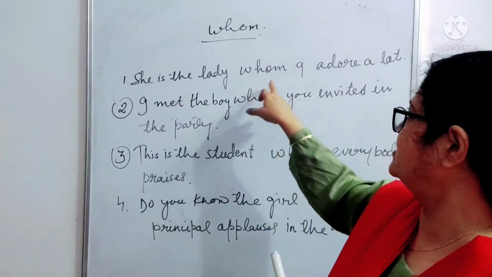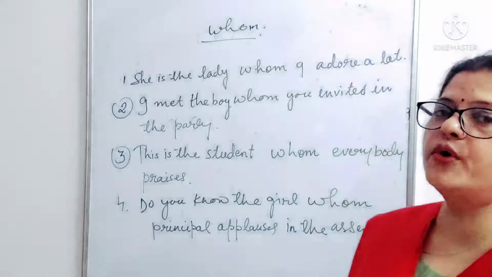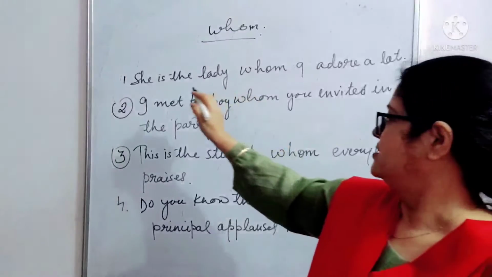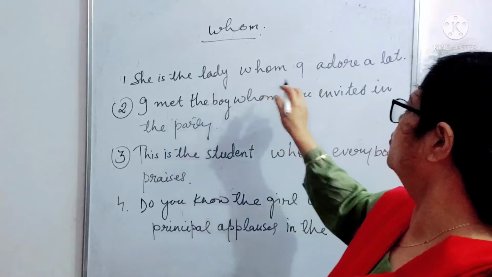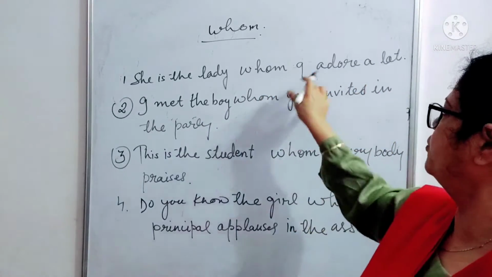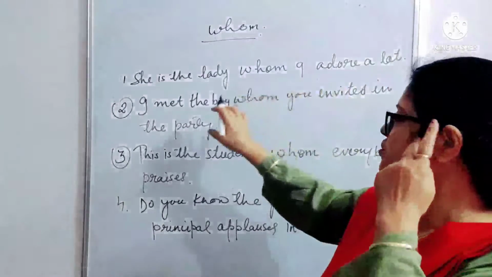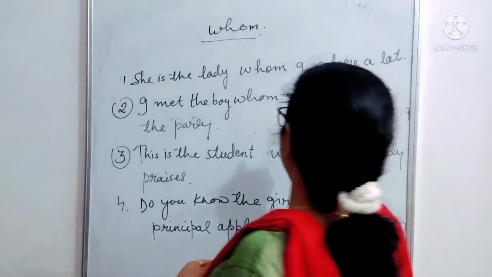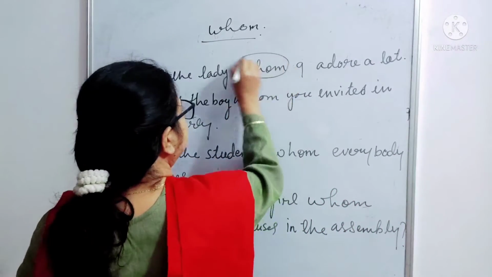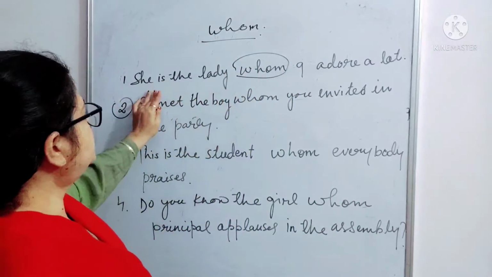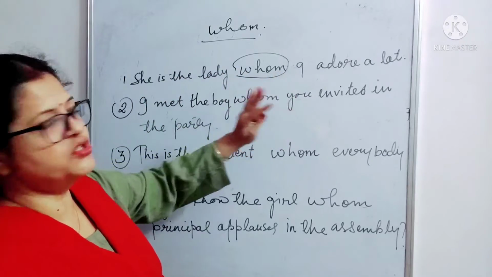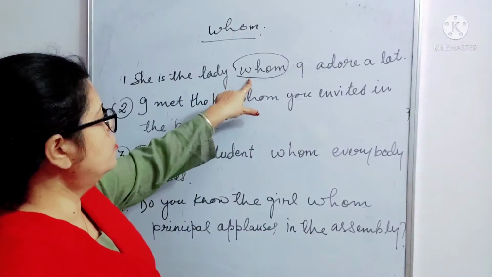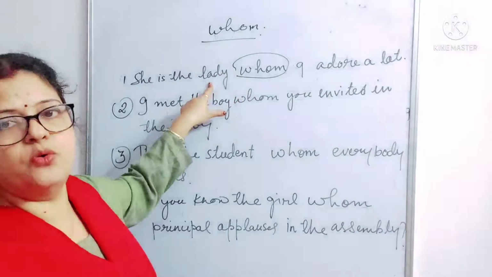So this is the lady whom I adore a lot. She is the lady whom I adore a lot. Adore means to praise. So here we see that whom is working in this sentence as an object. So this whom is replacing this noun lady.